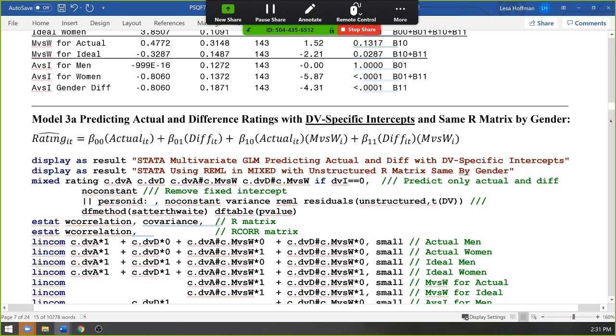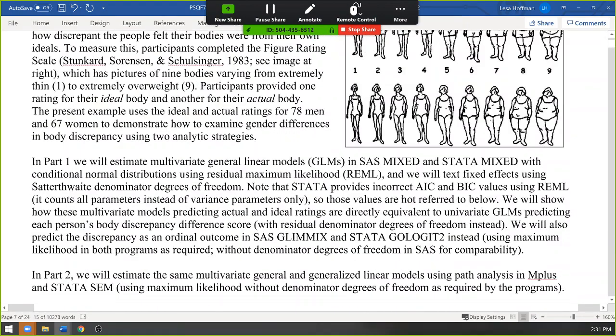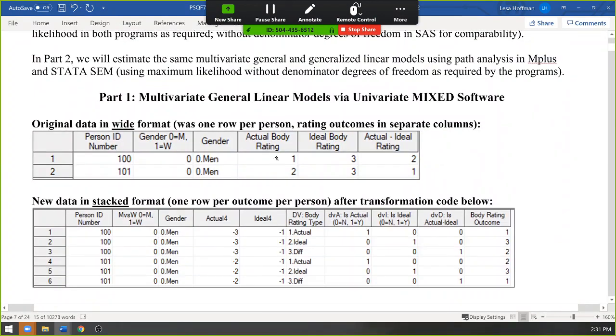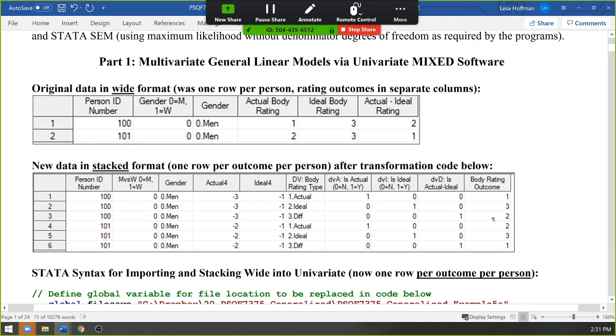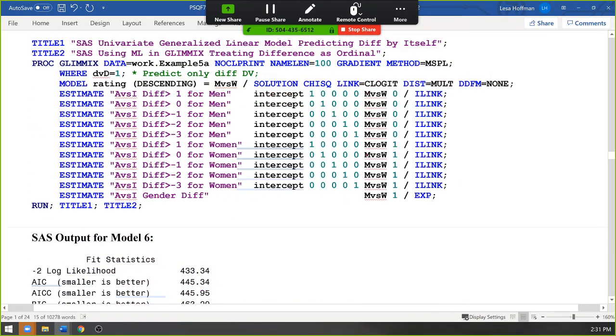Do you remember how at the very beginning I had stacked up my 3 outcomes? I had actual, ideal. I created a column that is the difference as an outcome variable, even though that's redundant, and I stacked it in here. Well, I'm going to predict the difference directly.